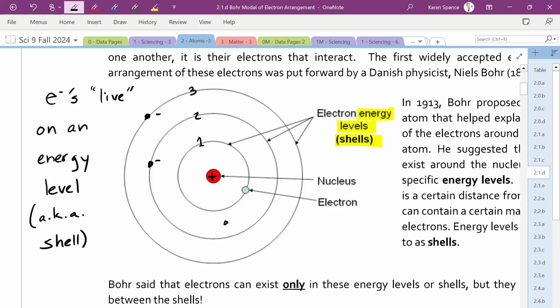So having an electron in between shells, that is a big no. No electrons can exist in between shells.